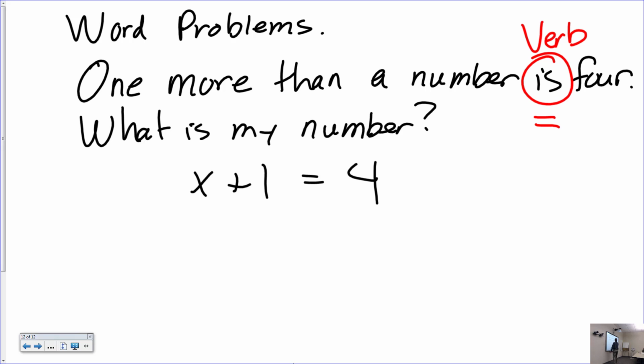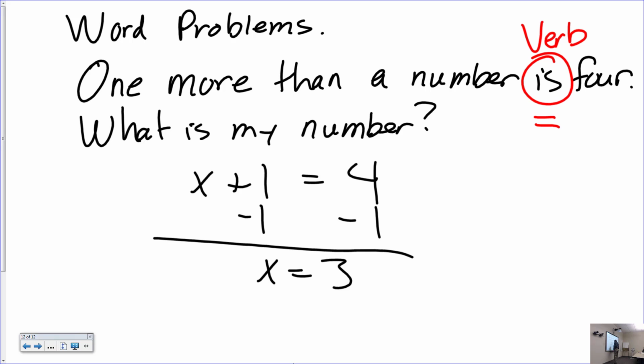Subtract 1, and x is 3. The reason this is a relatively tricky problem, folks, is that a lot of students see 1 more than, and they know that means plus. They see the number 4. What's 1 plus 4?